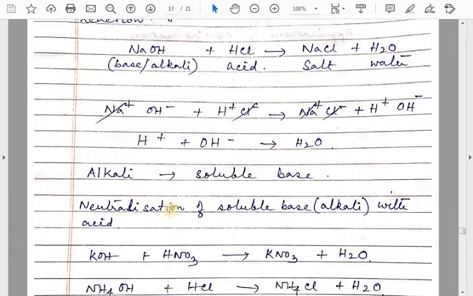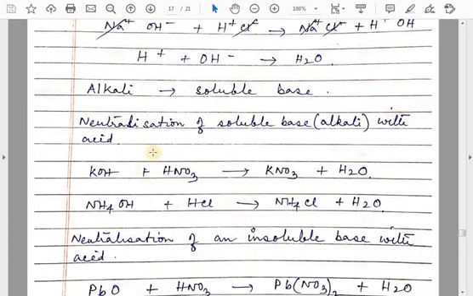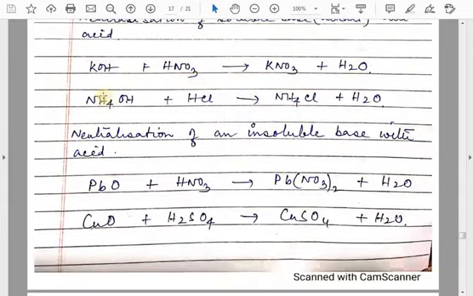Now, a neutralization reaction can take place by a soluble base, that is alkali, and an insoluble base. I have just shown two examples here, potassium hydroxide and ammonium hydroxide. These are soluble bases or alkali. They react with acids to give the corresponding salts and water.